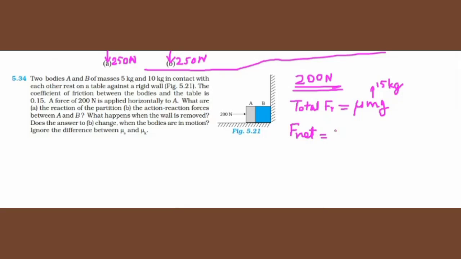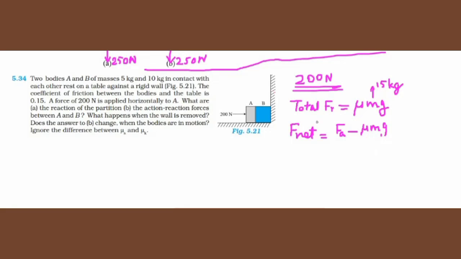Net force is equal to the applied force, 200 Newton, minus friction, mu mg, where m is the total mass. So Fa minus mu mg will give the net force.